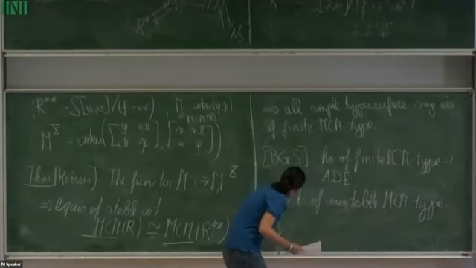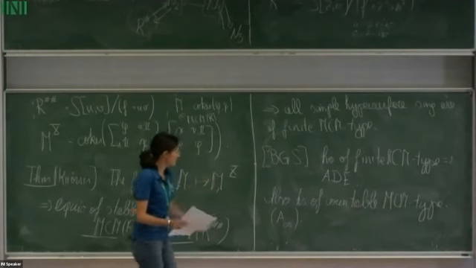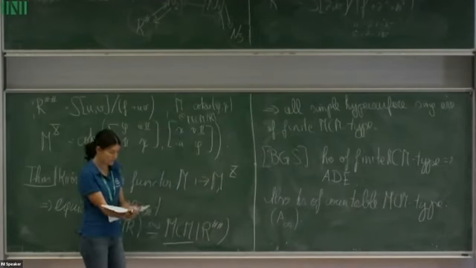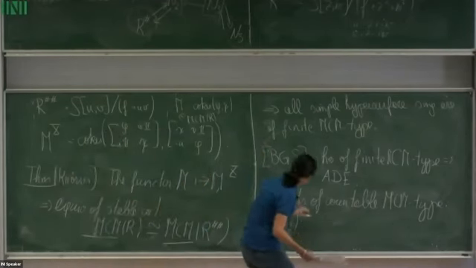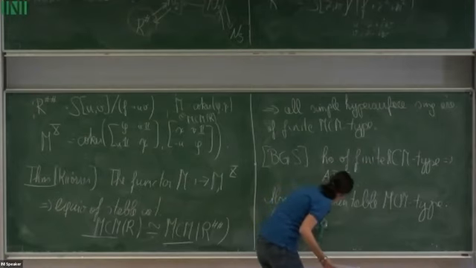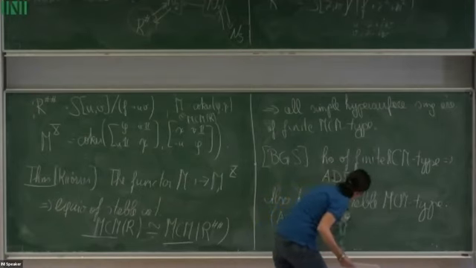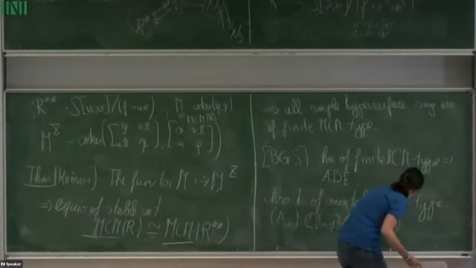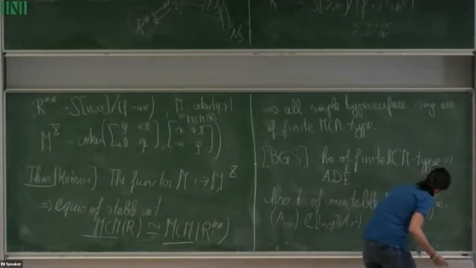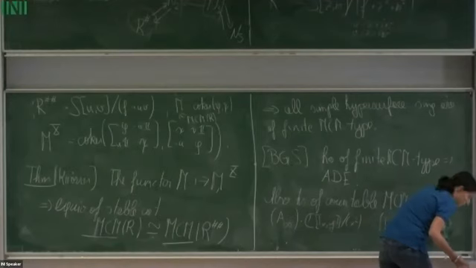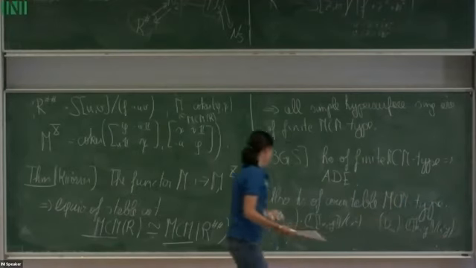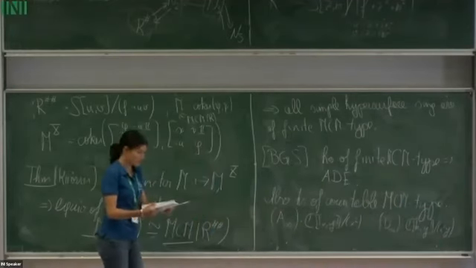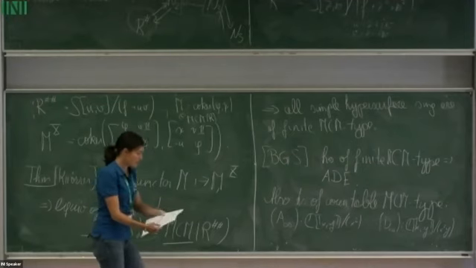These are just given by limits of the ADE hypersurfaces, so it's A infinity, which is y squared minus x squared, and D infinity, with x squared y, and the determinantal matrix factorization. Okay.